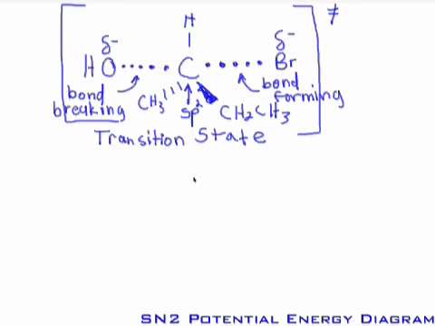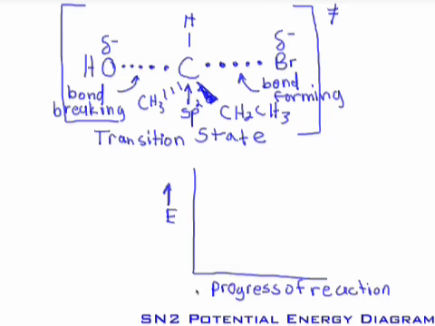What do you mean, highest energy structural form? Well, suppose I made a graph. On this axis we have energy. The bottom axis could be time or progress of the reaction, so the progress of the reaction is in that direction. Over here, we have our reagents.